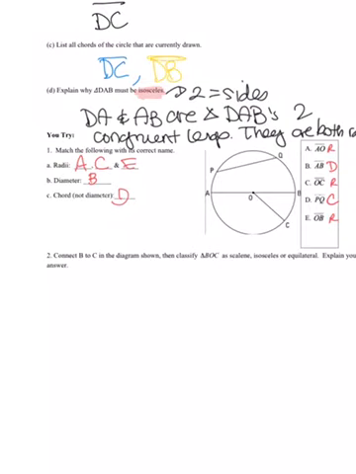So it says, connect B to C. Is your triangle scalene, isosceles, or equilateral? So this triangle right here, classify it. Pause the video now, classify it, and then press play to see if you were right.